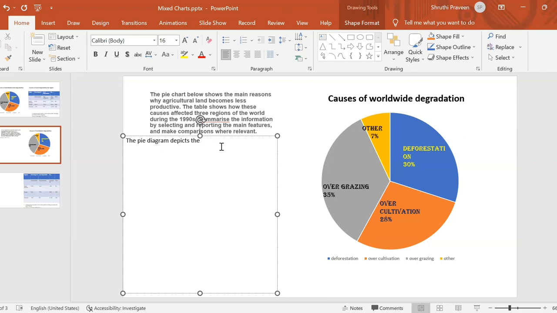The main reasons: causes of universal degradation of agricultural land. That you can't change.